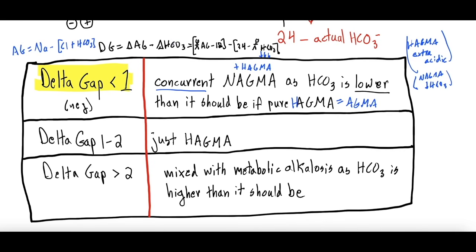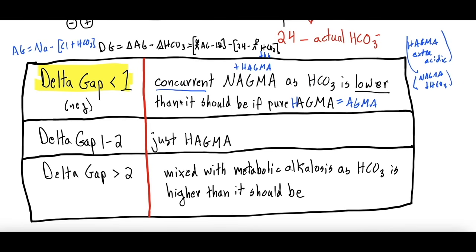And what it's saying is that the anion gap being seen is not representative of what the bicarbonate should be if it was just a high anion gap metabolic acidosis. So you have a non-anion gap component because you're losing more bicarbonate than you should if it was a pure high anion gap metabolic acidosis. All right.